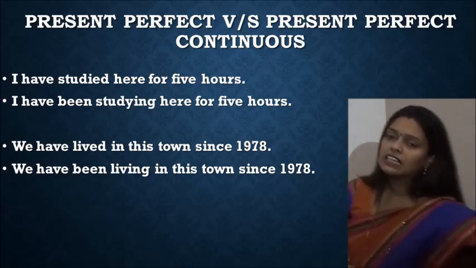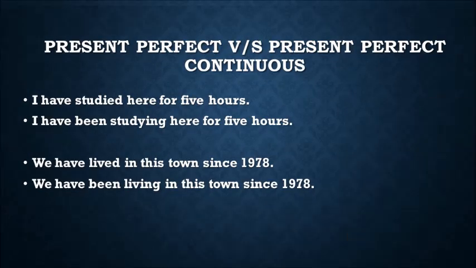Now in this case, let's read out these two sentences, because generally students get confused about where to use present perfect tense and where to use present perfect continuous tense. Look at this one. I have studied here for 5 hours. I have studied. It clearly indicates that the action is done.